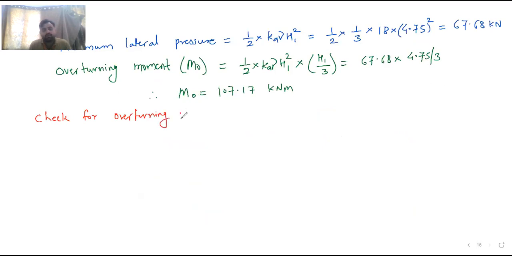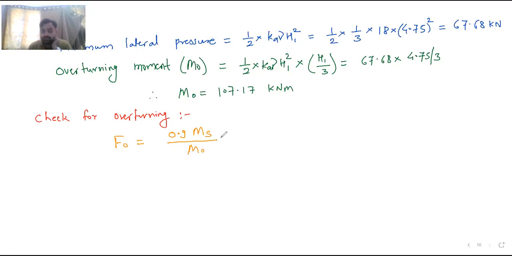The factor of safety for overturning should be greater than 1.4. FO means factor of safety for overturning. We will calculate that. What is the formula? It is 0.9 into stability moment MS divided by M0, the overturning moment.